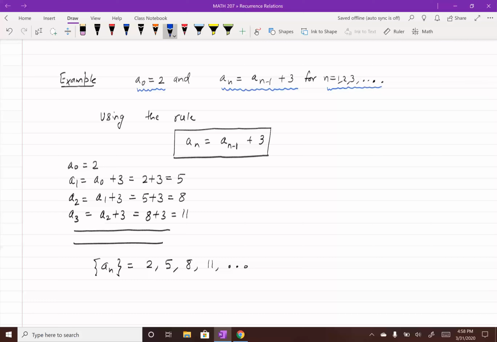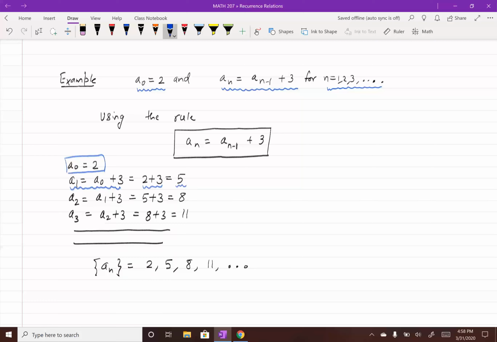If you follow this rule, using the initial term A of 0 equal to 2, for n equal to 1, A of 1 is going to be equal to A of 0 plus 3. A of 0 is already 2, so A of 1 becomes 2 plus 3, which is equal to 5.